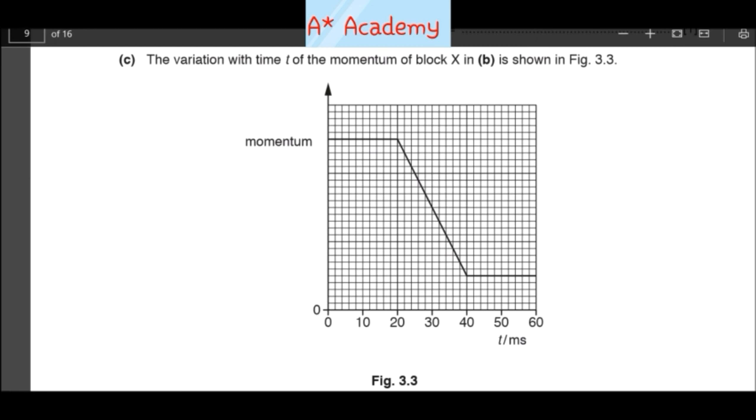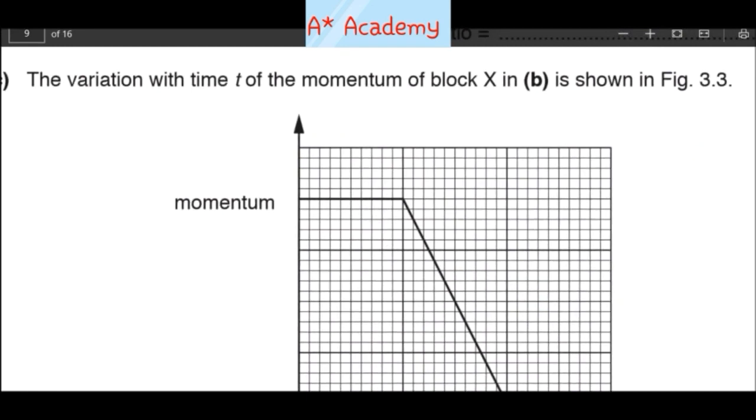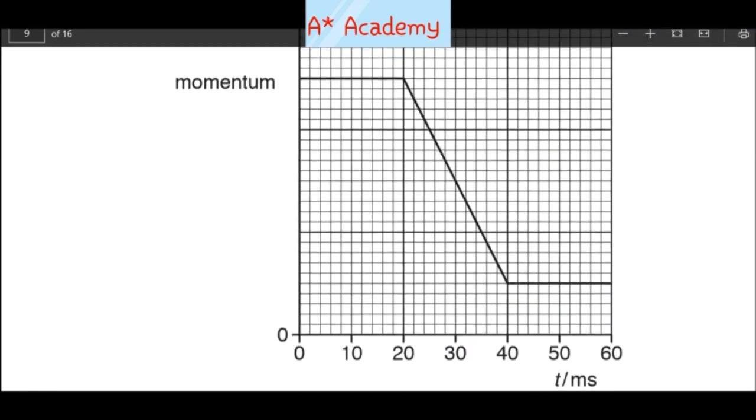In the first 20 milliseconds, the momentum of Y is 0.